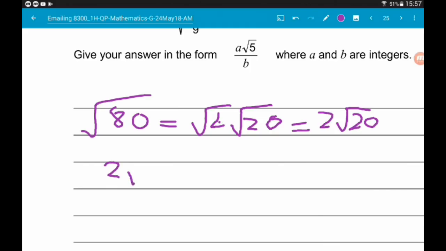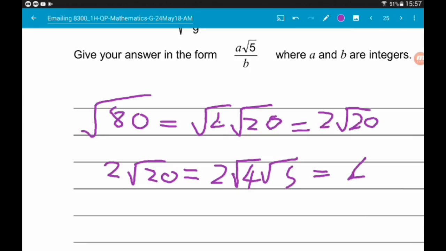So 2 root 20 we can write as 2 root 4 root 5. Now this means 2 times root 4 times root 5. Root 4 is 2. So this is 2 times 2 root 5. So it's 4 root 5.